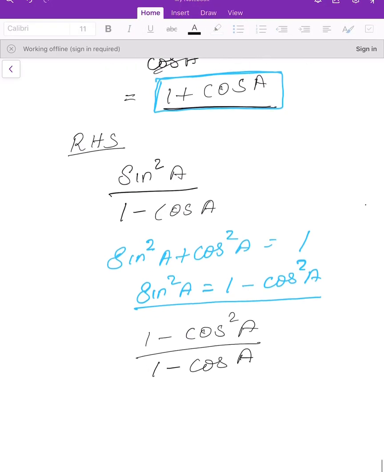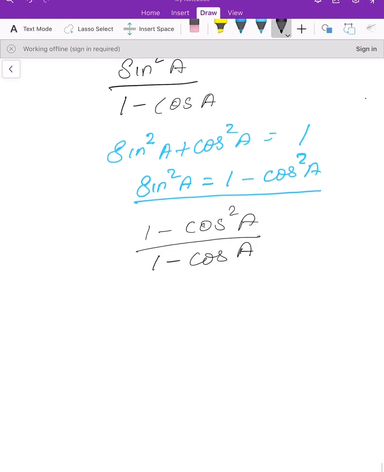This is same as A square minus B square, because I can take 1 as 1 square. I am using my algebraic identity: A square minus B square is (A plus B) into (A minus B).